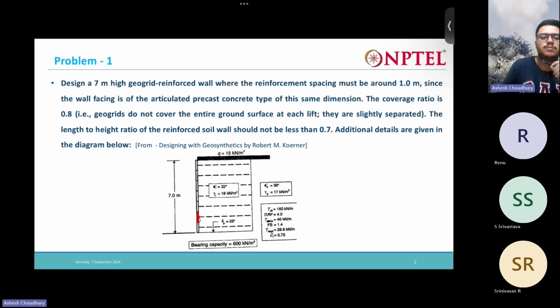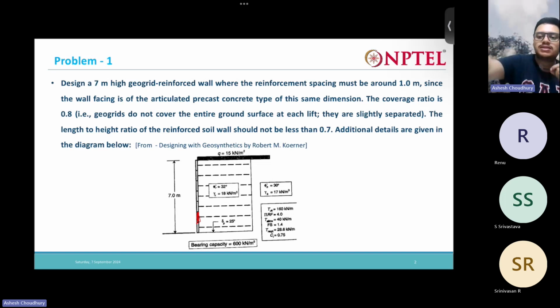The coverage ratio is 0.8. So what is the coverage ratio? It means that the coverage ratio is not 1, it is less than 1, it is 0.8. At any height, the geogrid does not cover the whole length in the out of plane direction.